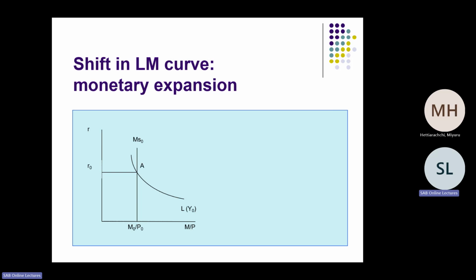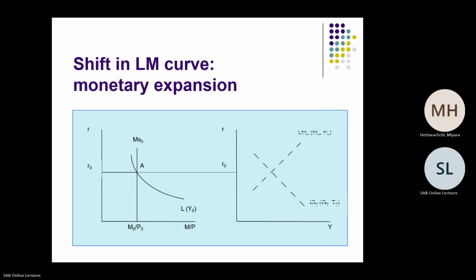So there is the liquidity in the market at a particular income level. We assume the income level is Y0, the equilibrium interest rate is R0, and the money market is in equilibrium at a point on the IS-LM, with money stock M0. The price level we assume constant for the time being.